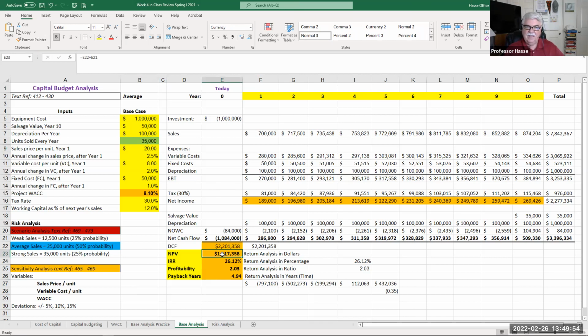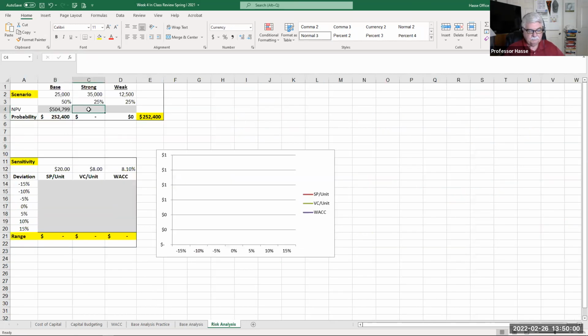The NPV at 35,000 units a year is $1,117,358, and that'll be weighted by the probability of that happening, 25%. And there you go.